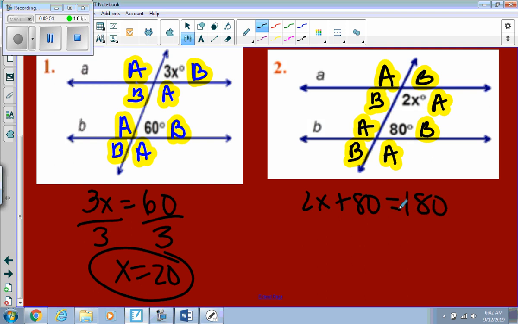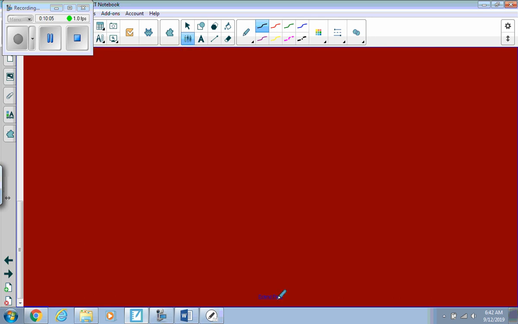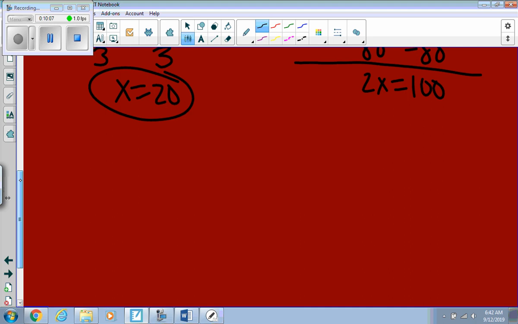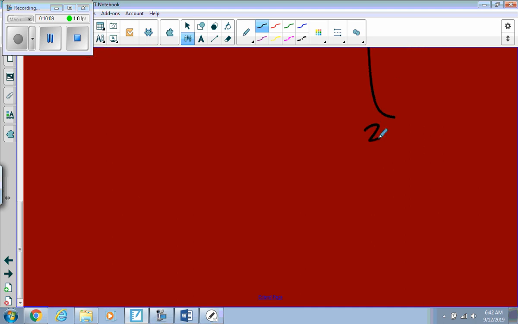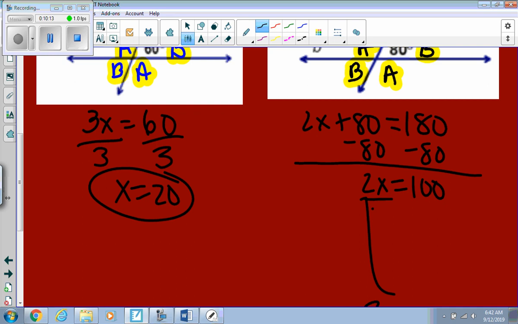Subtract 80 from both sides, we get 2x equals 100. And then divide by 2. And when we divide by 2, we'll find that x equals 50. Okay? Again, no different than what we've already been doing.